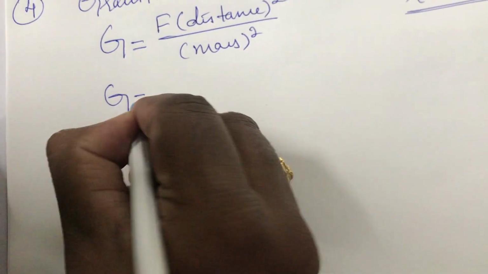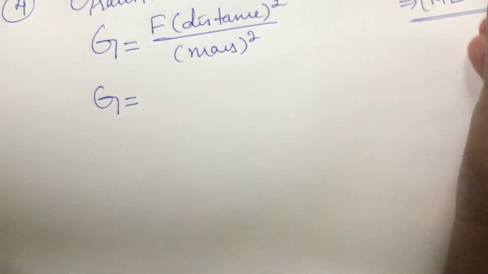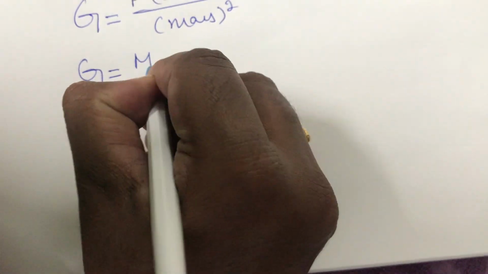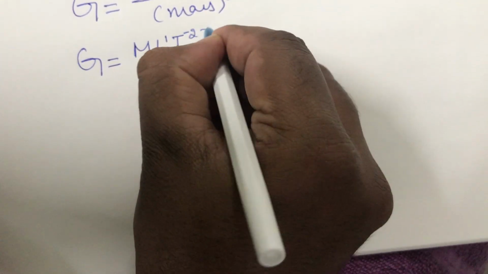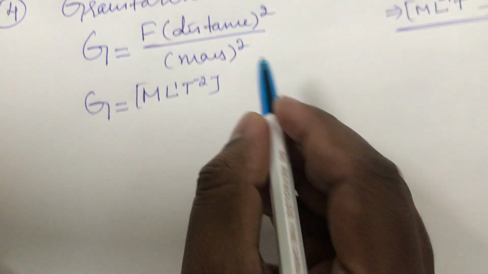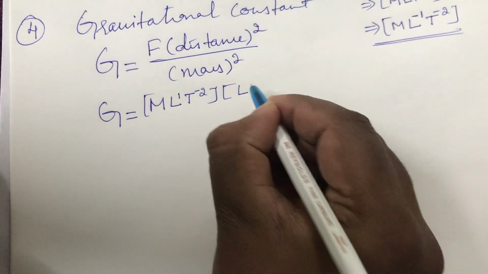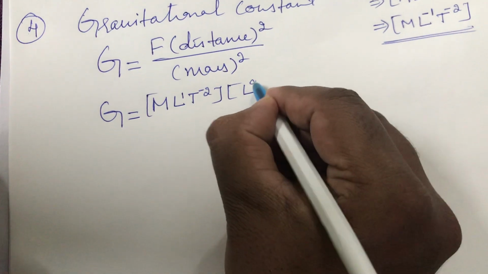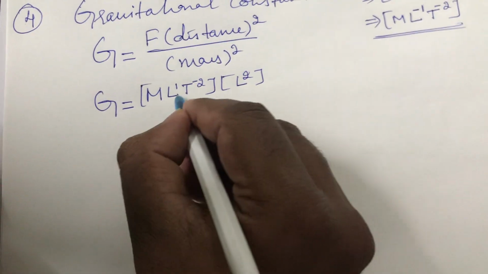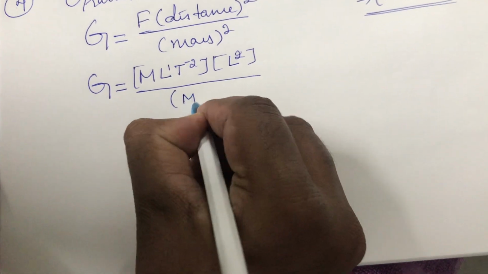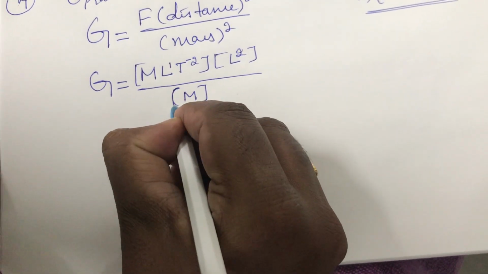Okay, so here G equals force, again I can take it from here, we have discussed here, m l to the power 1 t to the power minus 2, okay, and the distance we can measure with respect to l, that is squared here, correct, and the mass whole square is there, so I'll write it as m square.